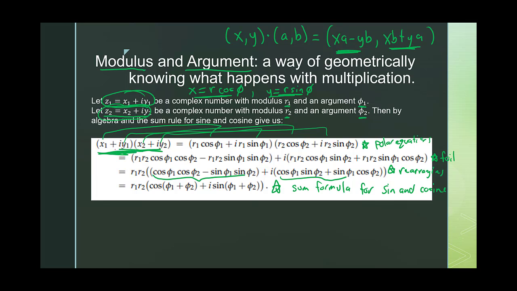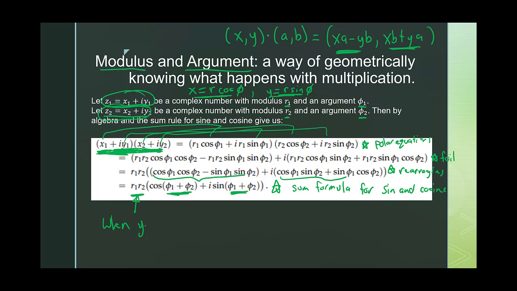When we multiplied these two complex numbers, what did we get in the end? We got r1 r2 times cosine of phi1 plus phi2 plus I sine of phi1 plus phi2. So if you multiply two complex numbers, really what's happening geometrically is you're multiplying their lengths together. So actually, let me write this.